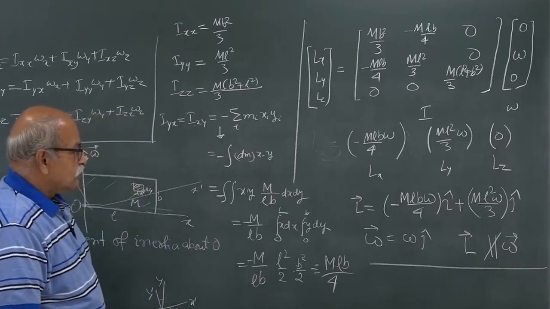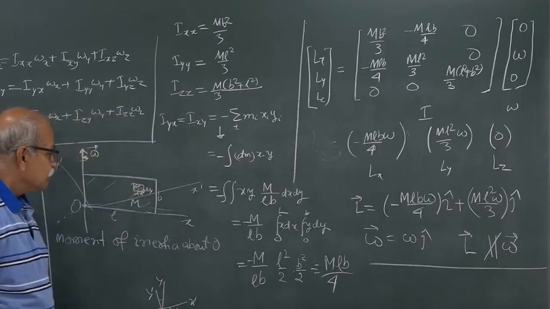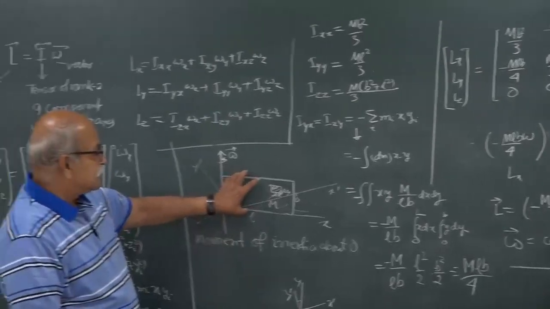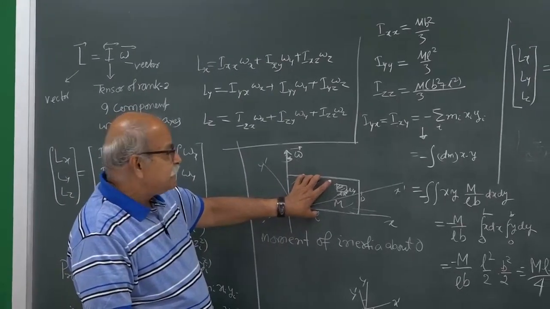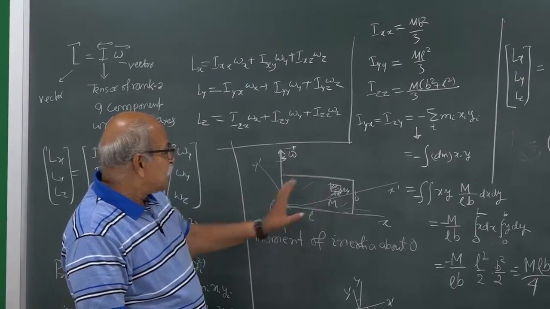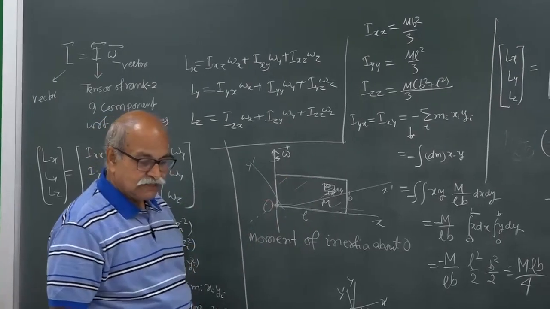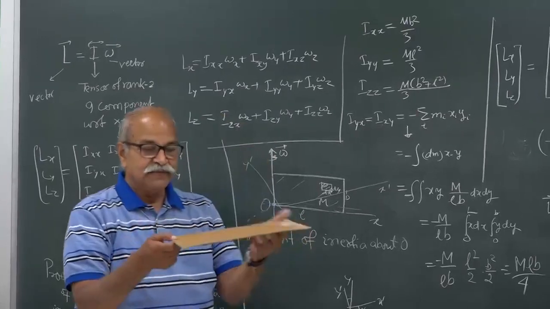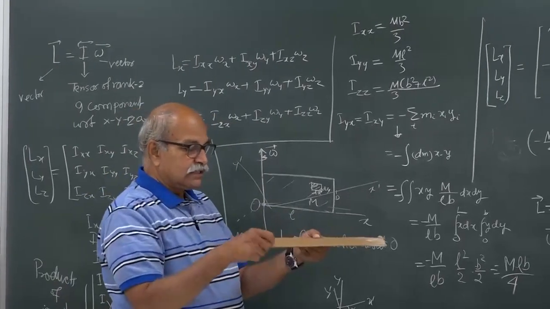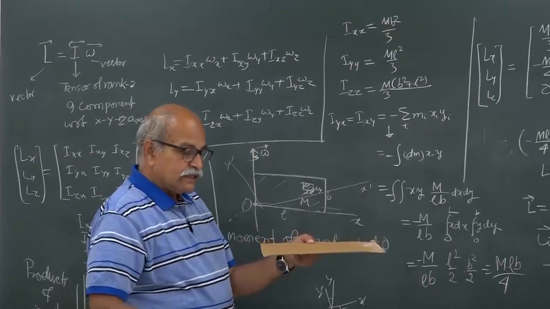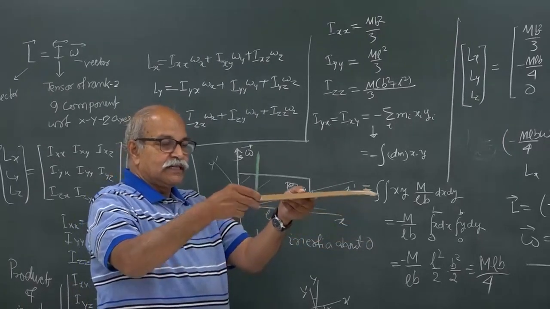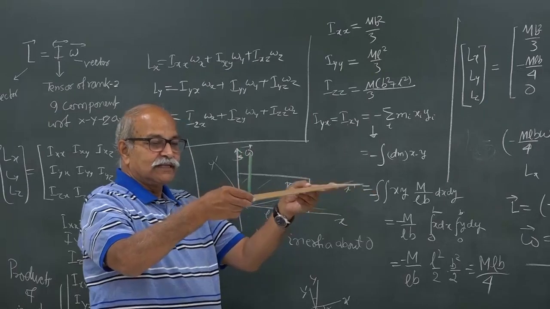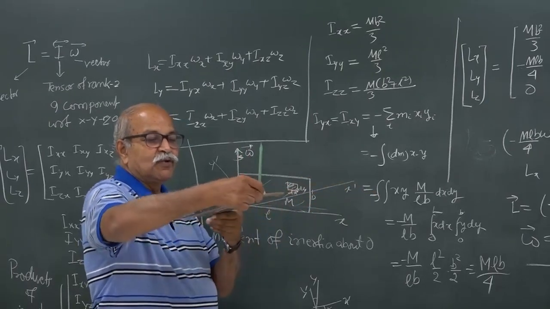Let us take another example. The same system, the same plate, but this time let us rotate it about the z axis. If this is the plate, this is the x axis, this is the y axis and this is the z axis, it is rotated about this z axis, so it will rotate like this with some uniform omega.